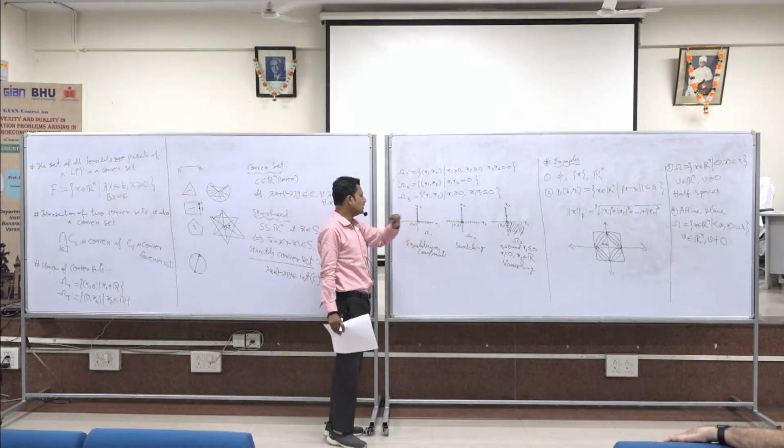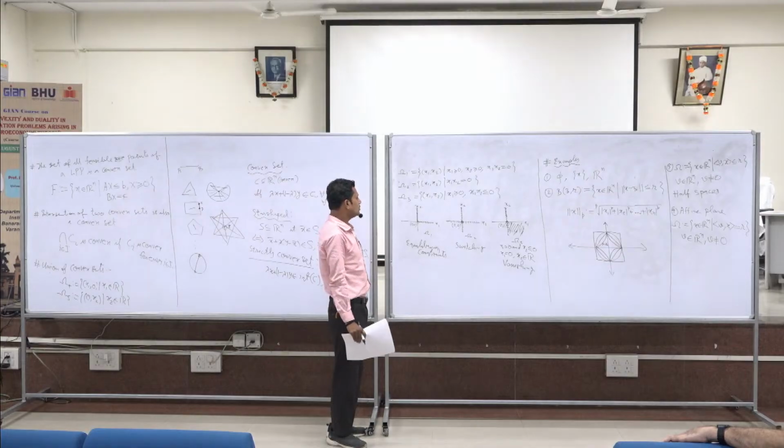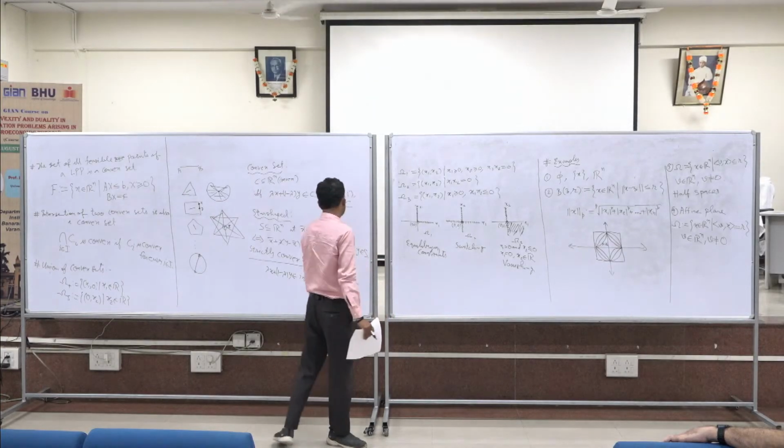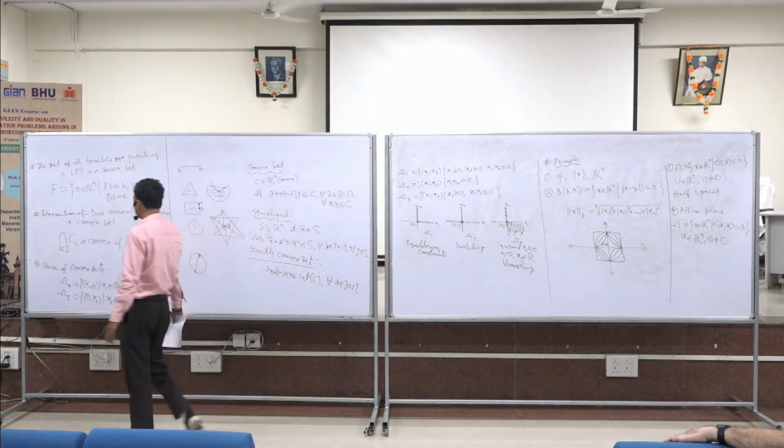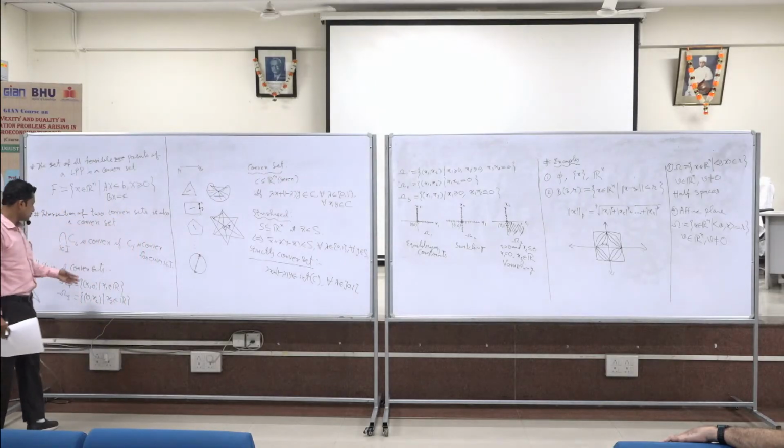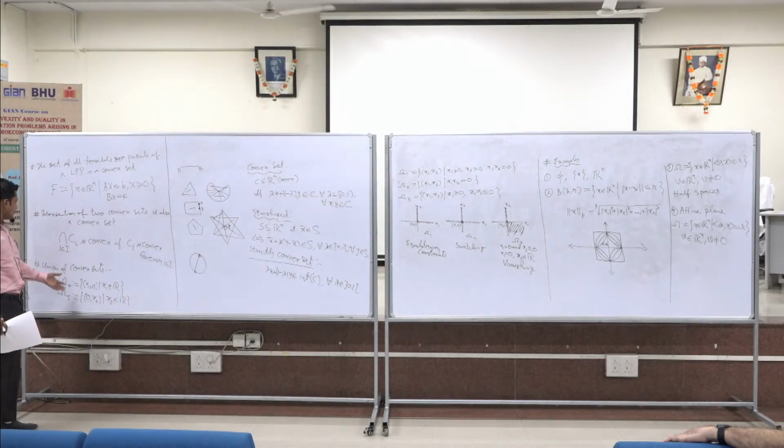But we can see that this set omega 2 is not a convex set. So it means that these two sets, whose union is not a convex set. But we will see that we can take the convex hull of the union, and then the convex hull will be a convex set.